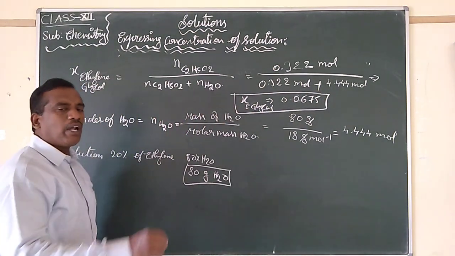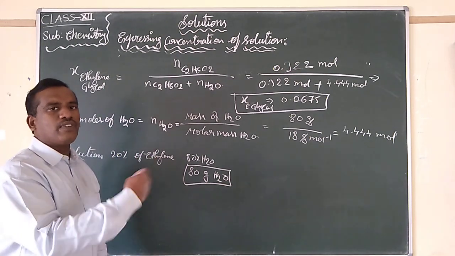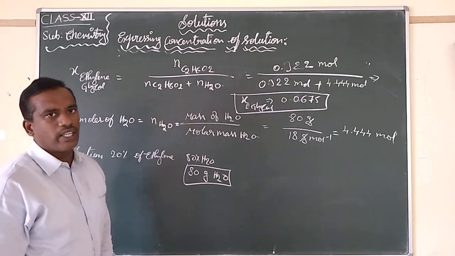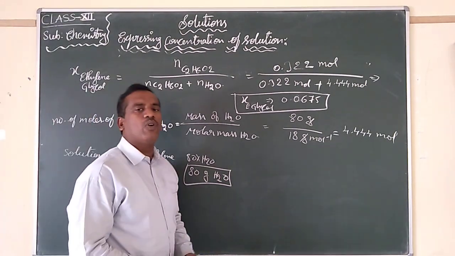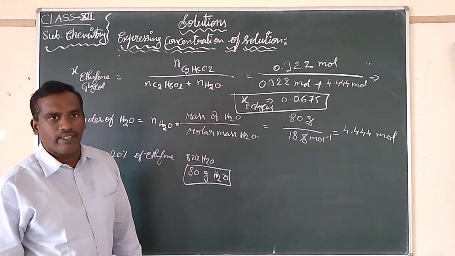From out of 1, if you remove this one, you will get the mole fraction of the water. So in the next video, we will be discussing molarity and molality. Thank you, students.